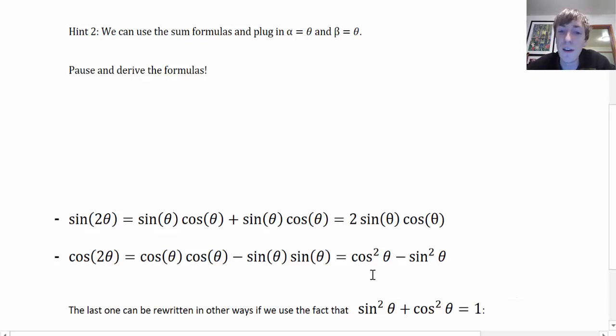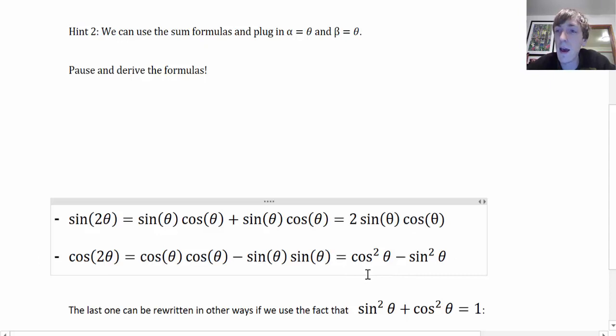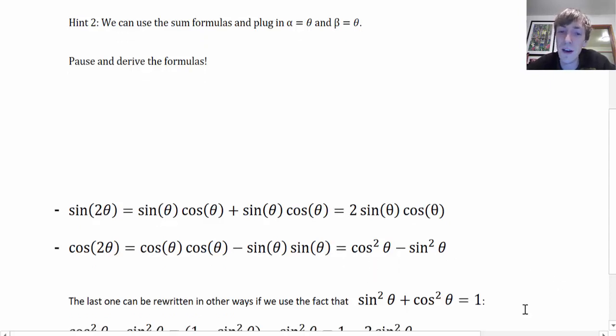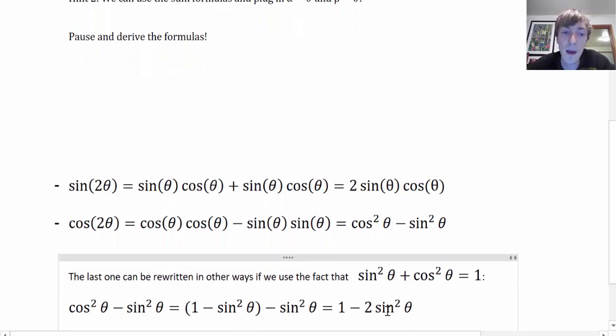So what we're going to do with this is take this last part of the formula and do a couple of substitutions. The first thing that's going to happen is that we can take this cosine squared and rewrite it as 1 minus sine squared using this formula, just rearranging it to get cosine squared by itself. That means subtracting sine squared.